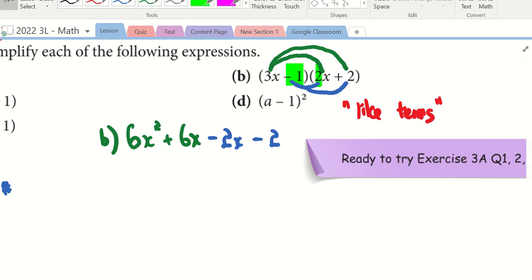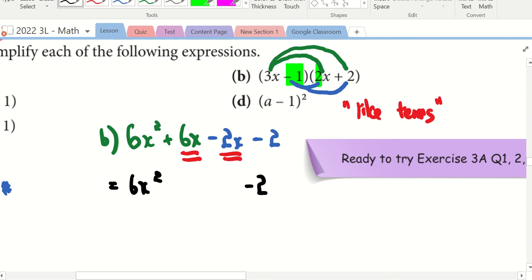X. So there is 6x, there's negative 2x. Please add them together using calculator. 6 minus 2 will give us 4. Those without like terms, I just write out first. Those with like terms, you need to press the calculator. 6 minus 2, I'll get a positive 4x. And this is the final answer.